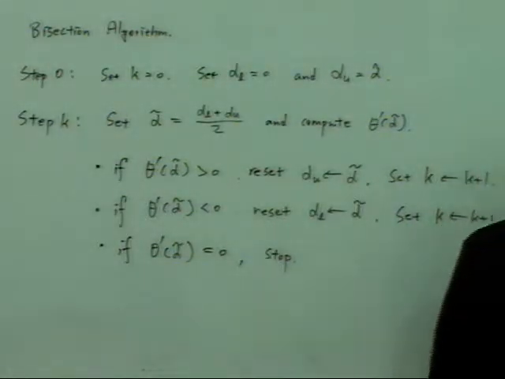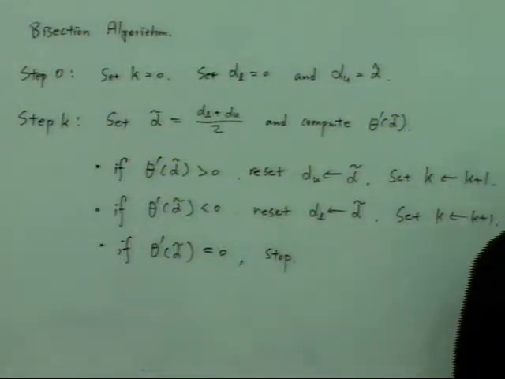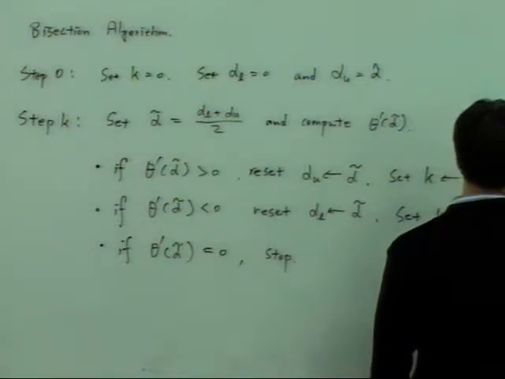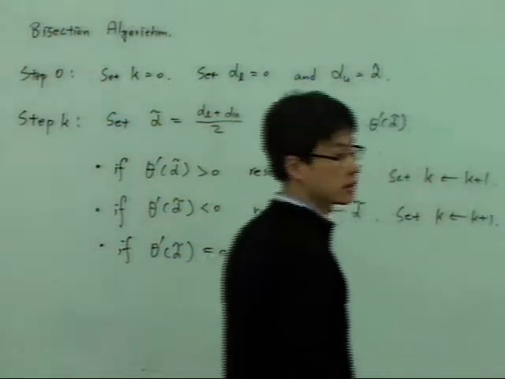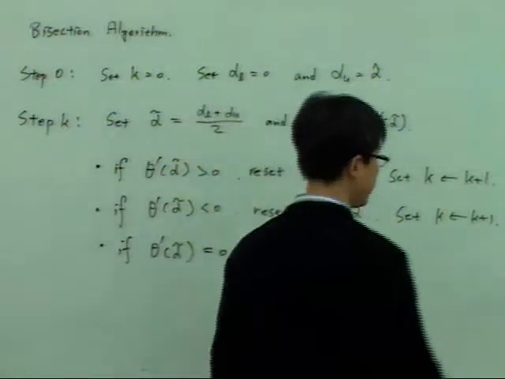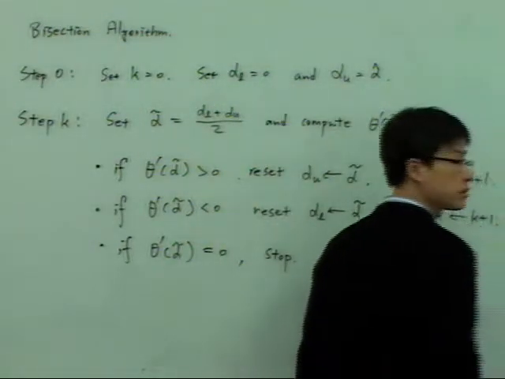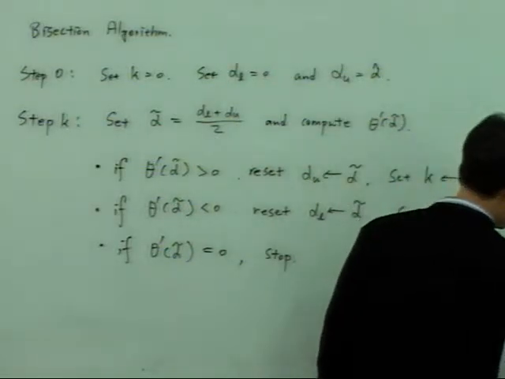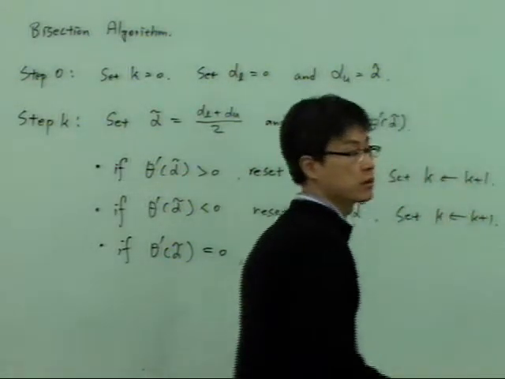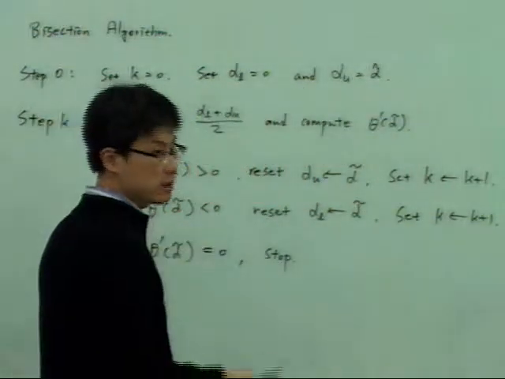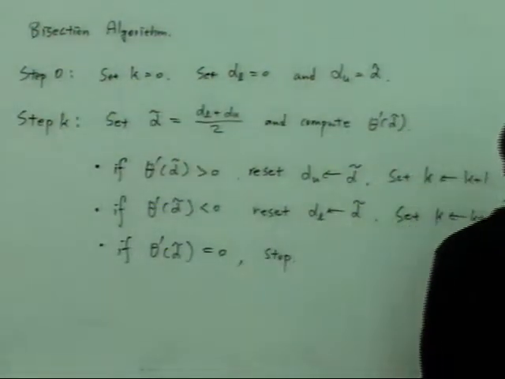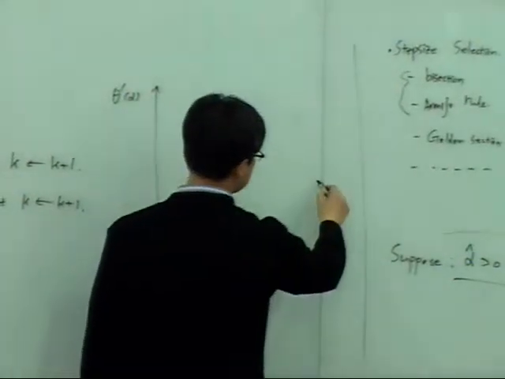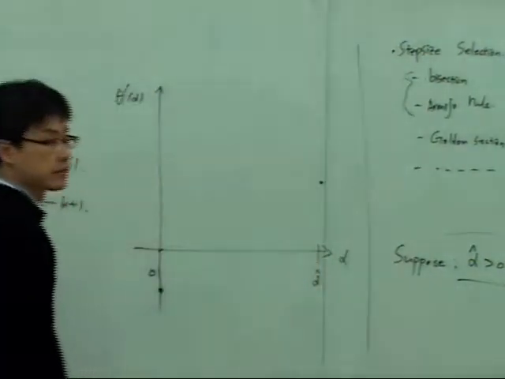Let's say this is your alpha space. This function is your zeta prime alpha. Okay? And we know that initially from 0, this is somewhere here, a negative number. And let's say you found some alpha hat, which is positive.